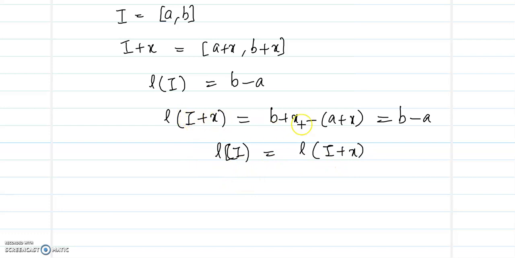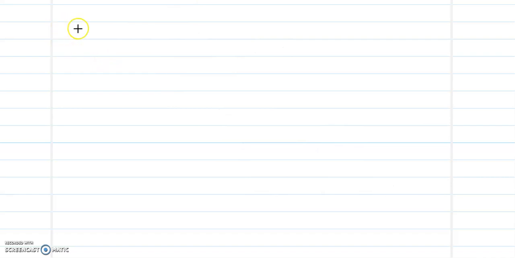Here I have made a translation of the set I by distance x. So you can see that length is translation invariant. Length does not change under the translation. If you have a set AB and it is translated by x units, the length remains the same.